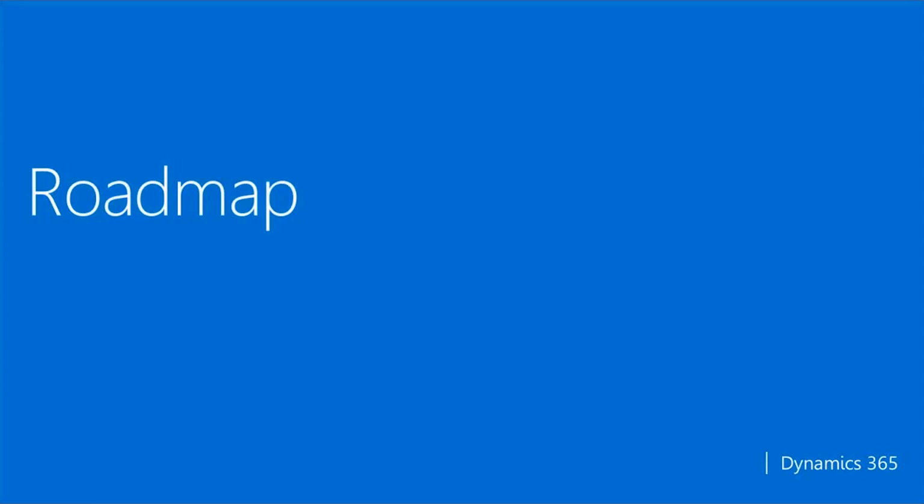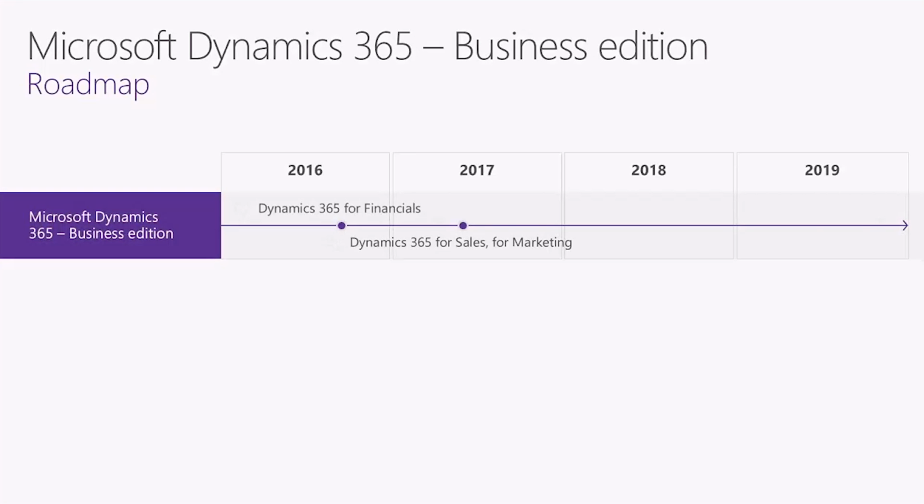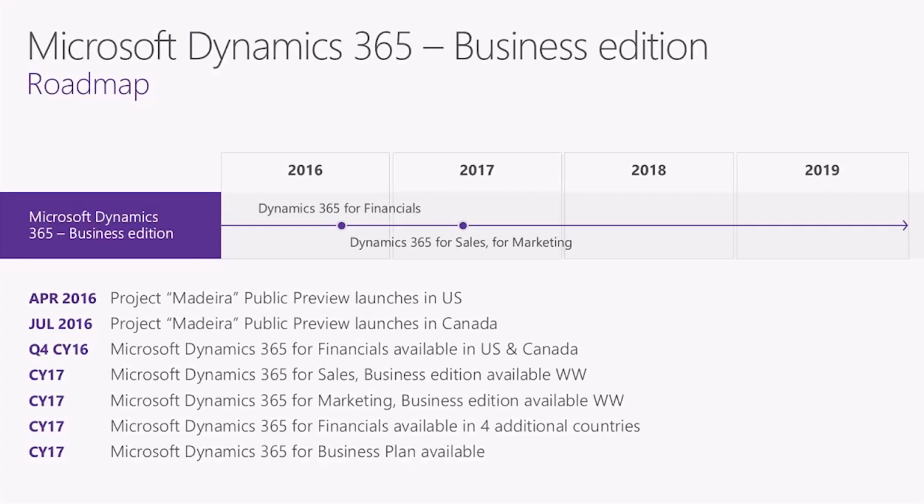So what is the roadmap at this point? The dates here are Microsoft fiscal years, which run from June to June. At the moment, we are in Q1 of fiscal year 17.